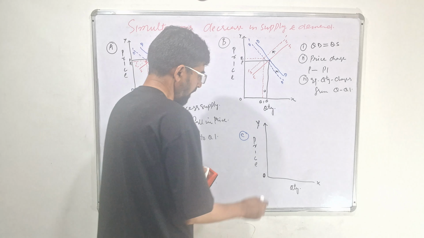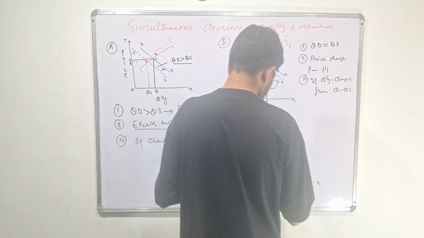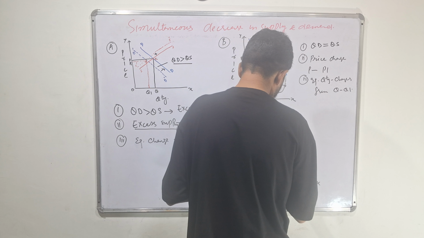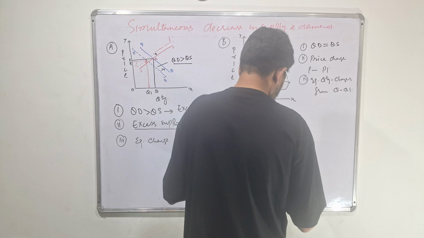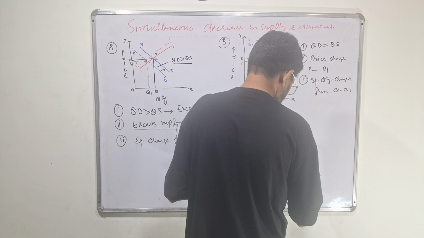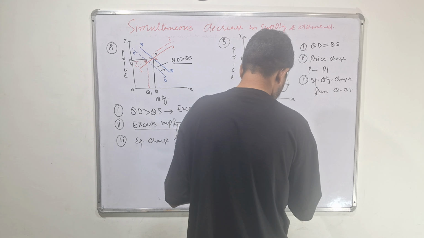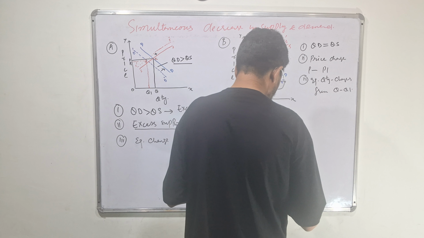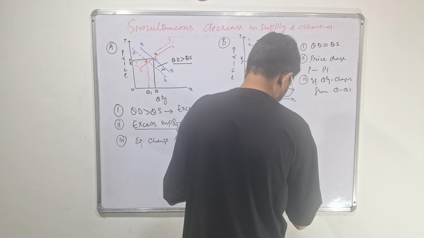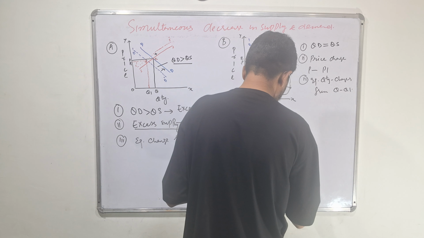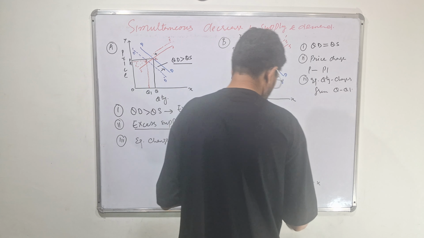In this case, this is the equilibrium as I am showing. The demand curve, DD, has a downward slope. The supply curve, SS, has a positive slope. This is the initial equilibrium, E1.